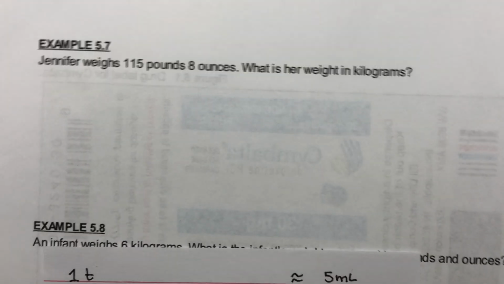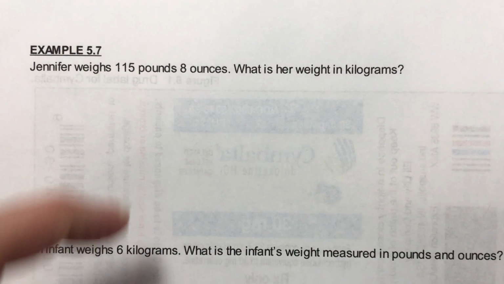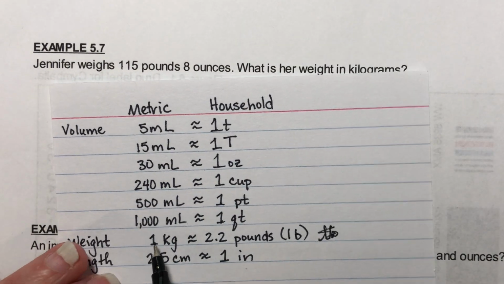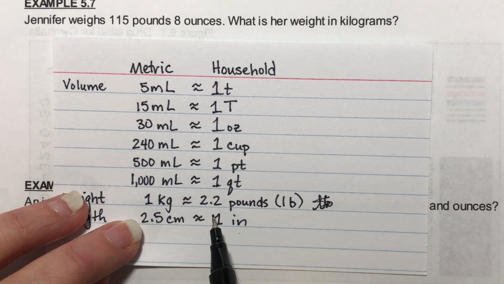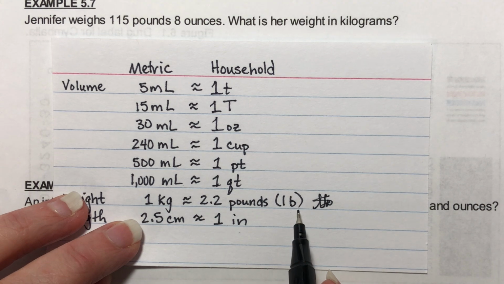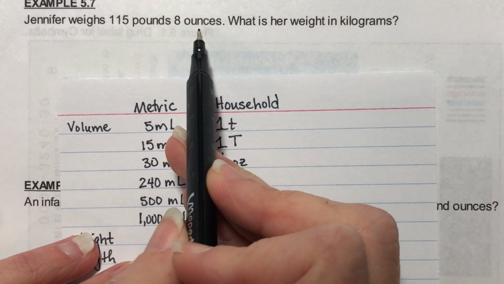All right, 5-7. Jennifer weighs 115 pounds, 8 ounces. What is her weight in kilograms? Okay, so the only relationship I have with kilograms is 2.2 pounds. So what I want to do is I've got a relationship between pounds and ounces here, correct?